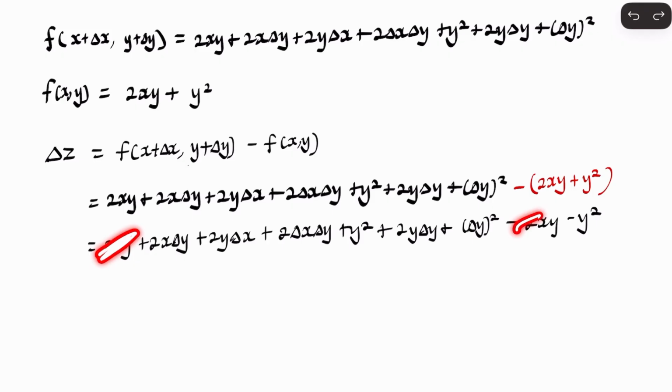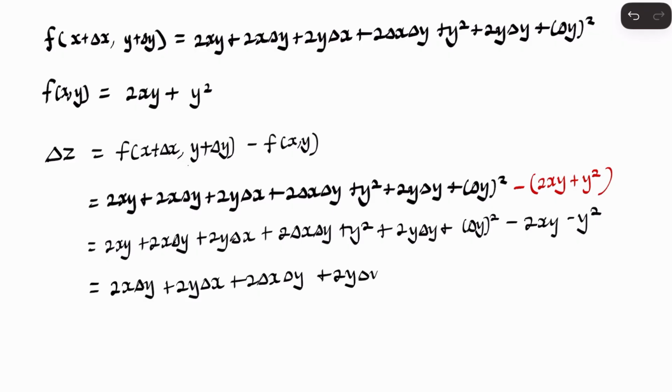Thus, 2xy cancels 2xy, and y squared also cancels y squared. At the end, we have 2x delta y plus 2y delta x plus 2 delta x delta y, then plus 2y delta y plus delta y all squared.